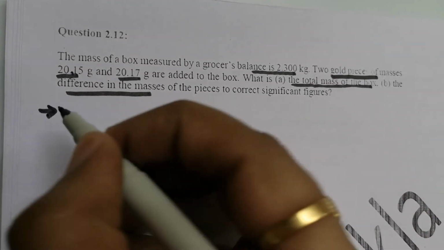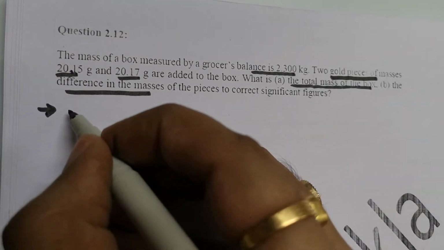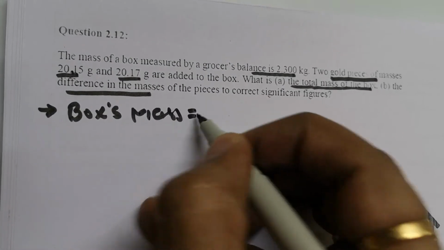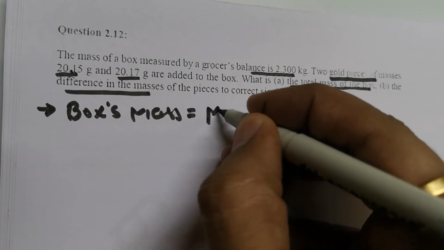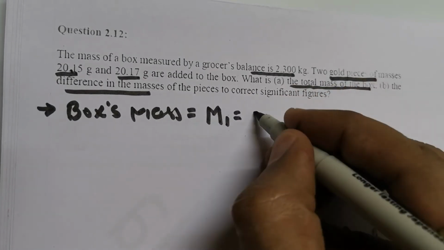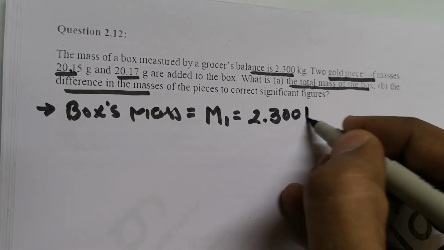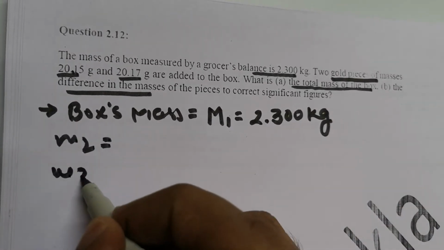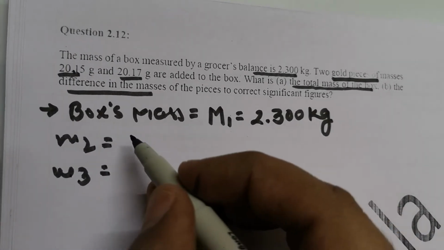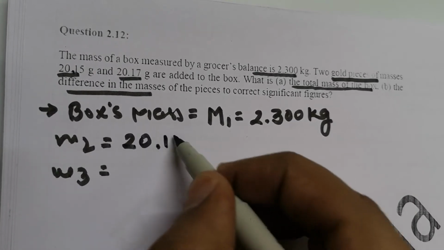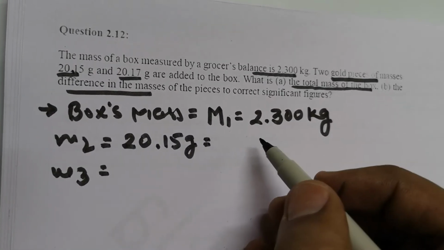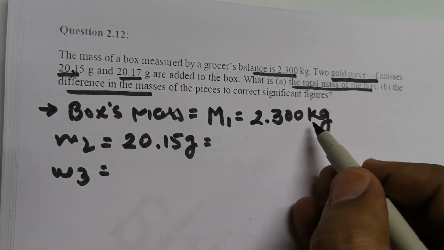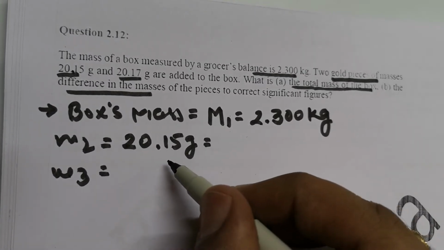First of all, I'm taking the box's mass. Let's say I'm mentioning it as M1. It would be 2.300 kilograms. My box contains two pieces of gold. It has 20.15 gram. So the ideal way is to convert into the same terms, either convert 2300 into gram or maybe this one into kilogram.